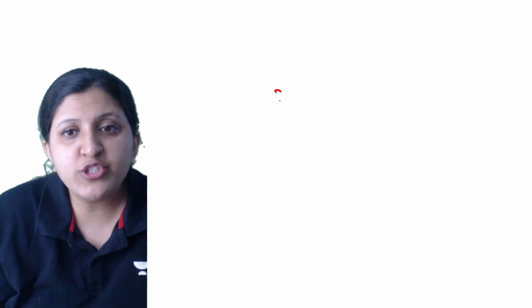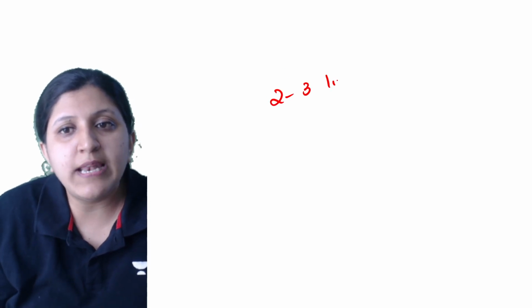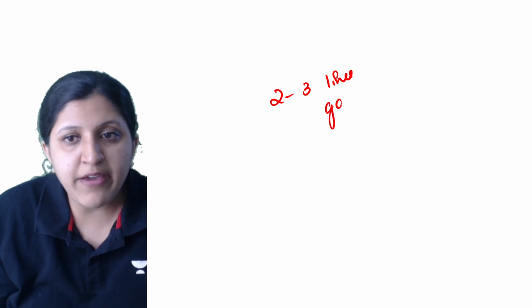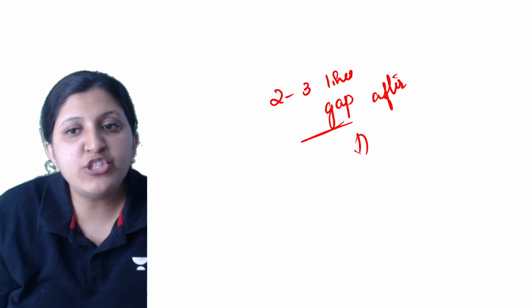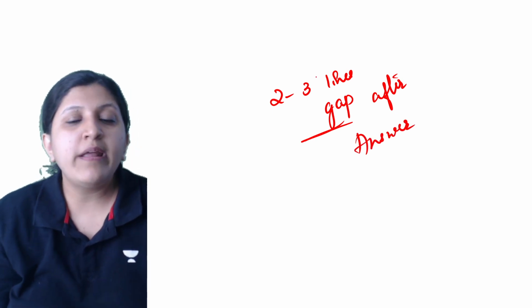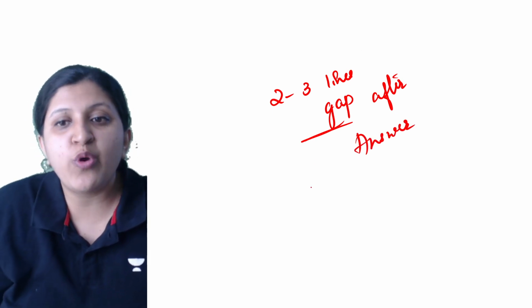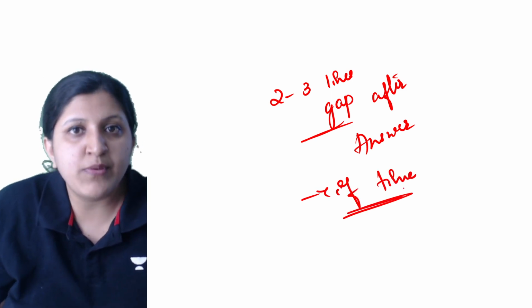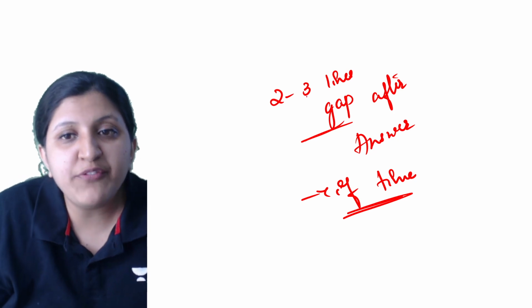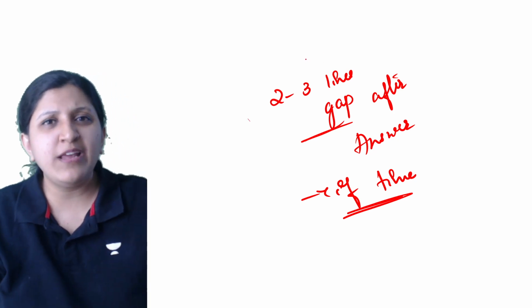One more thing I would like to add is, after you write answers, make sure to leave 2 to 3 lines gap after every answer. If there is still time, you can fill in these gaps and include certain things.